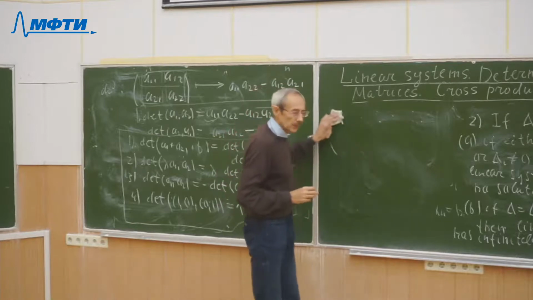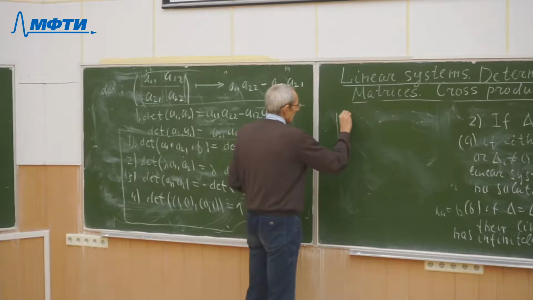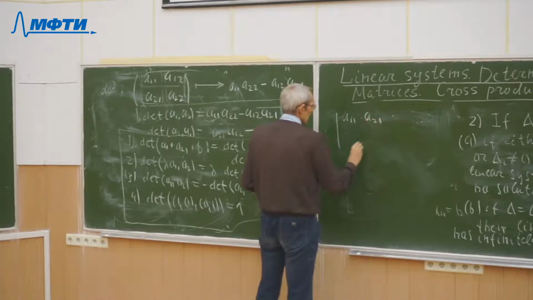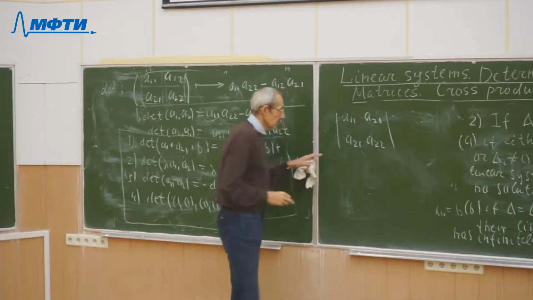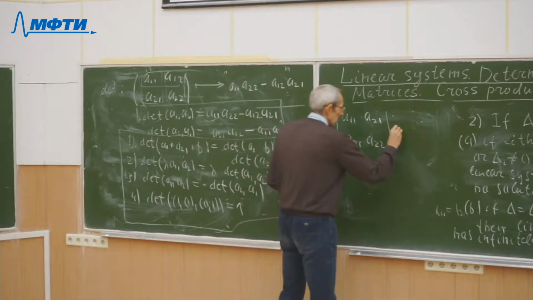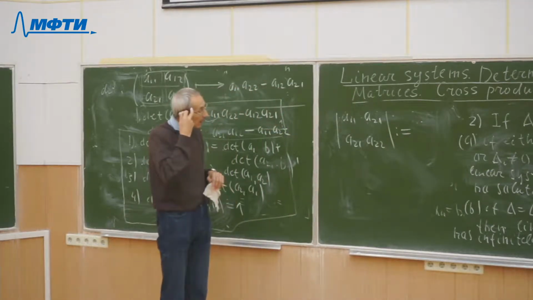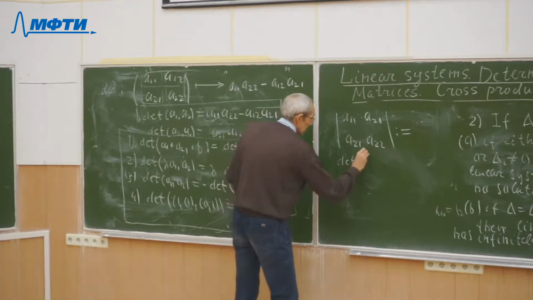We will also use the following notation. Let's introduce the notation for the matrix with a straight bracket, and let this notation denote the determinant of the matrix.